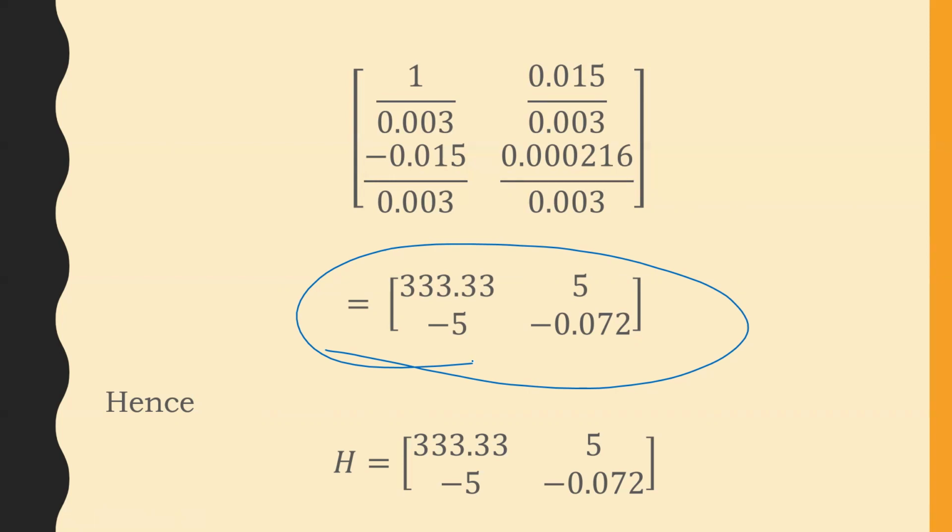Sir, is there a reason why the negative 0.072 is there even though you didn't have any negative signs? Again? When you divide 0.00216 by Y11, you have a negative.